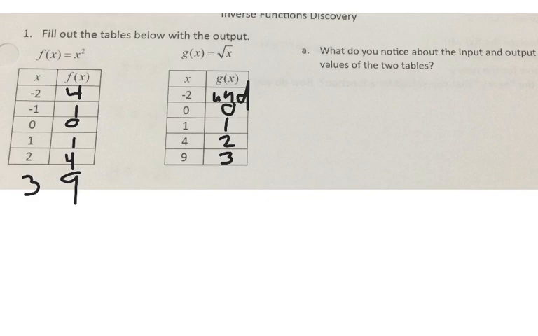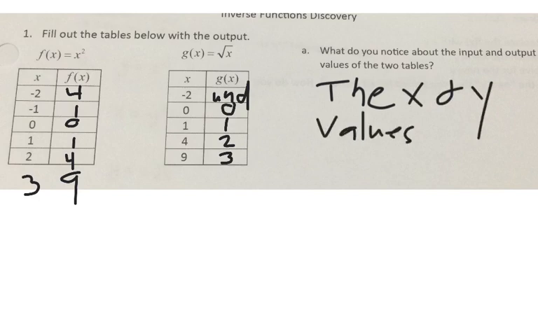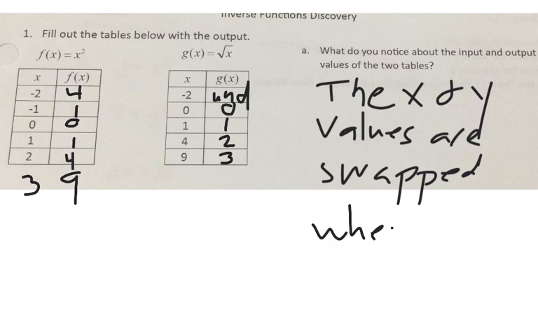While positive is not wrong, it's just because 0 is also included. Do I need to write that down? The x and y values are swapped when x is greater than or equal to 0.